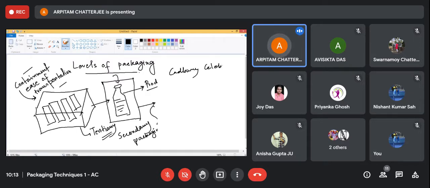You will see different types of products put in a single box. The outer box where it is written Cadbury Celebration, and inside which all the products are, is which level of packaging?